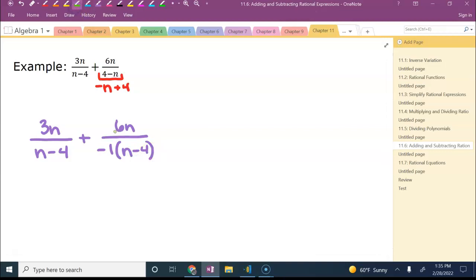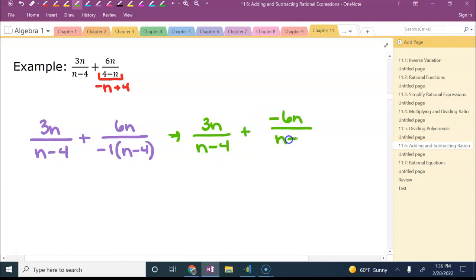Then again, if you think about negative 6 divided by negative 1, I'm just going to transfer that negative sign up to the numerator. So it's going to say negative 6n over that n minus 4. And really we're doing that so that our denominators match exactly now, and then we can just move the numerators and calculate with those as necessary.